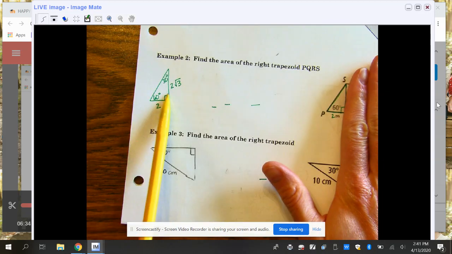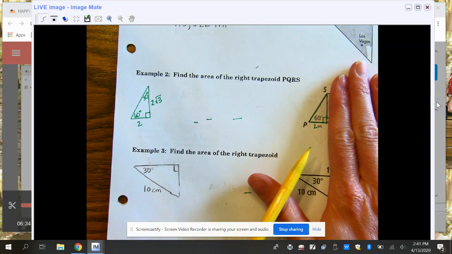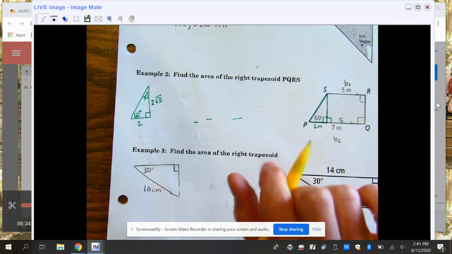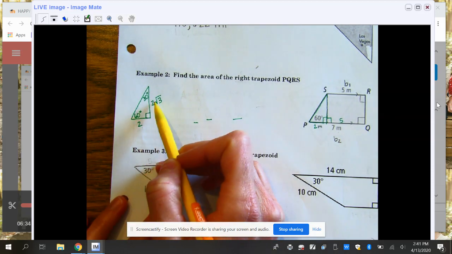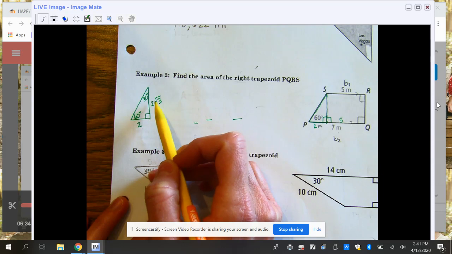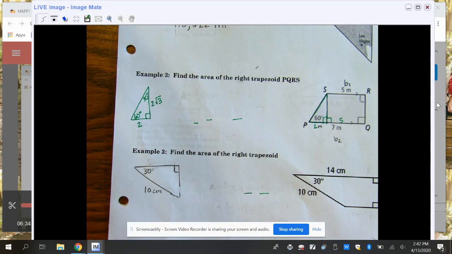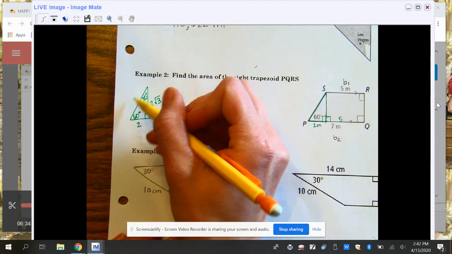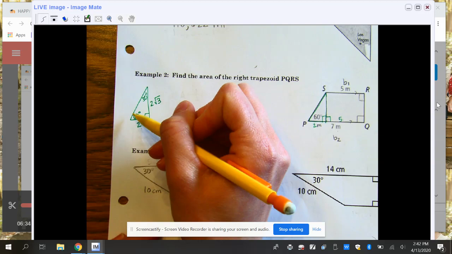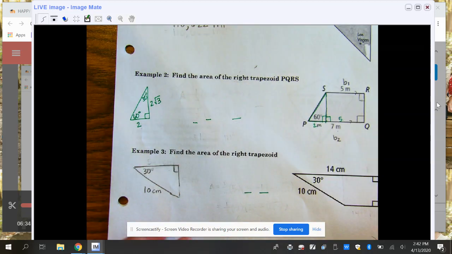So I just redrew this triangle out over here, and luckily we were given that short side. So this is going to be my longer leg because it's across from the 60 degree angle, and the longer leg is always radical 3 times the short leg. We don't really need to know the hypotenuse here because it's not part of your equation.